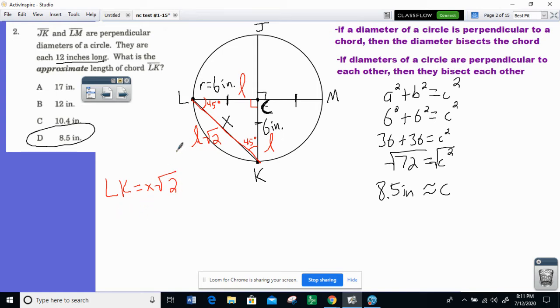If we know that the length of the leg is 6 inches, we can substitute that, and that would be 6 times the square root of 2. If you do 6 times the square root of 2 in your calculator, you also get approximately 8.5 inches. So this is a nice problem because there are two different ways of solving it.